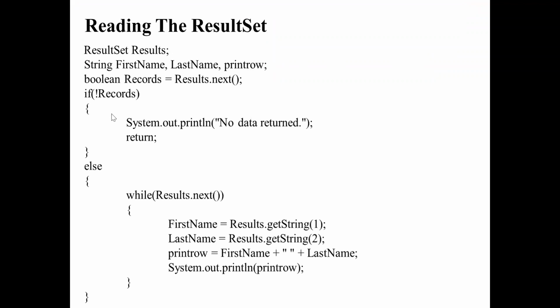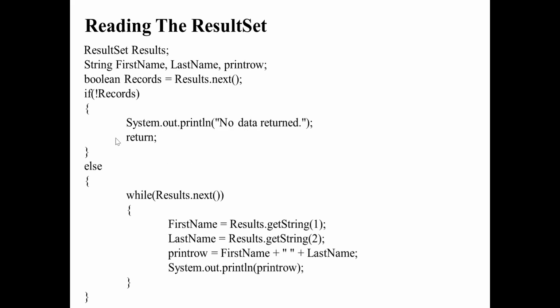Using the result set variable, results, I declare strings for first name and last name to print out each row. Using a Boolean value, records equals results.next, with results.next we can go one by one accessing the data in the rows and columns. Suppose the record is null, it means there is no data in that particular virtual table. So if no record is present, you can directly write System.out.println of no data is returned.